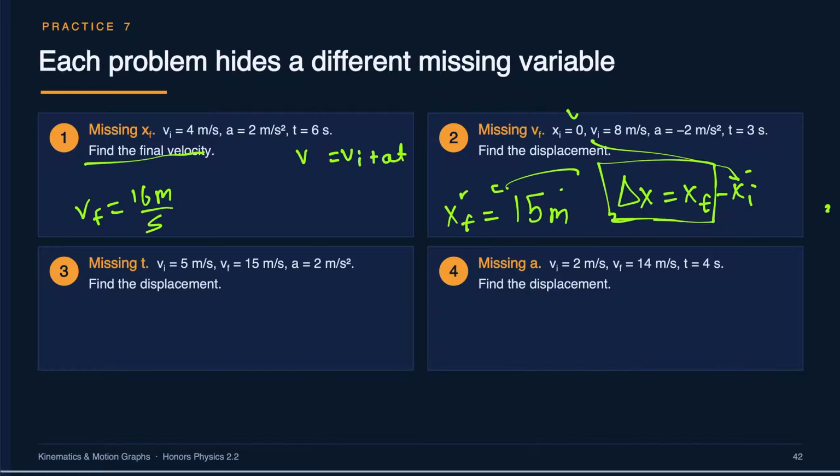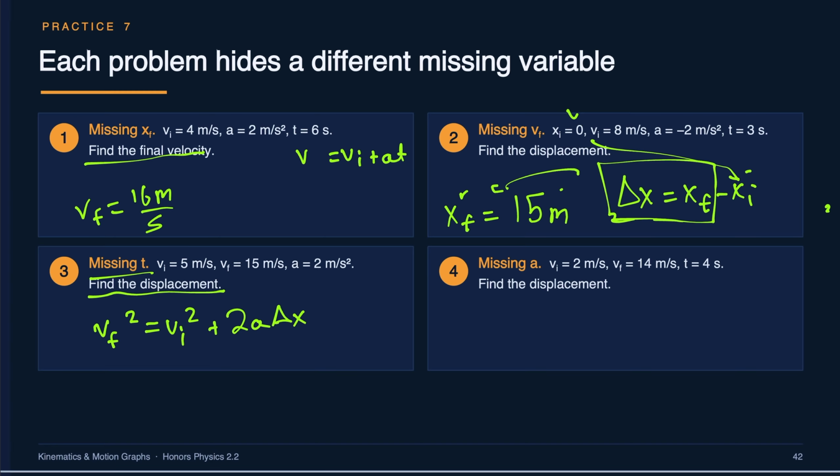Okay, so we're missing t and we want to find the displacement. Which equation doesn't include t? Remember, it's this one. V_f squared is equal to V_i squared plus 2a delta x.